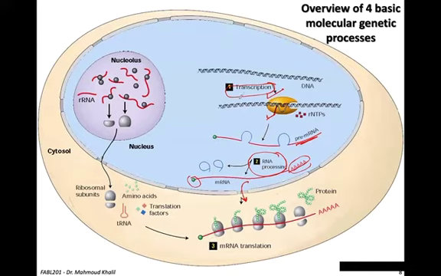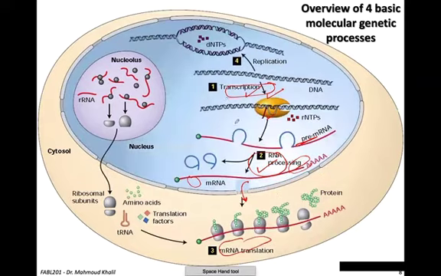So now we have seen 3 major processes: transcription, RNA processing, and messenger RNA translation. That leaves us with the 4th one, which is replication, in which the DNA copies itself together with the process of cell division, in order to ensure that each daughter cell will receive an exact copy of the original DNA.